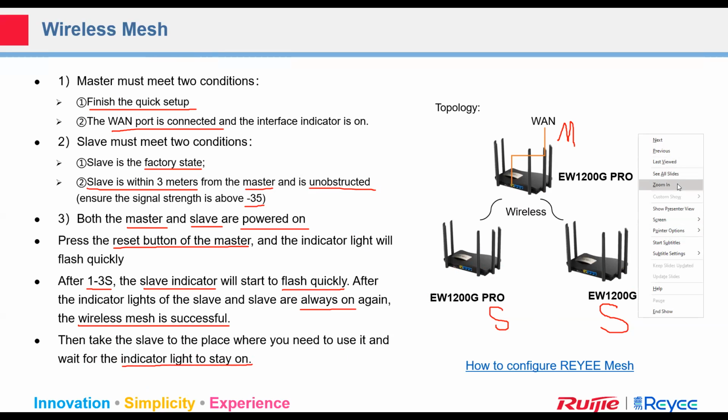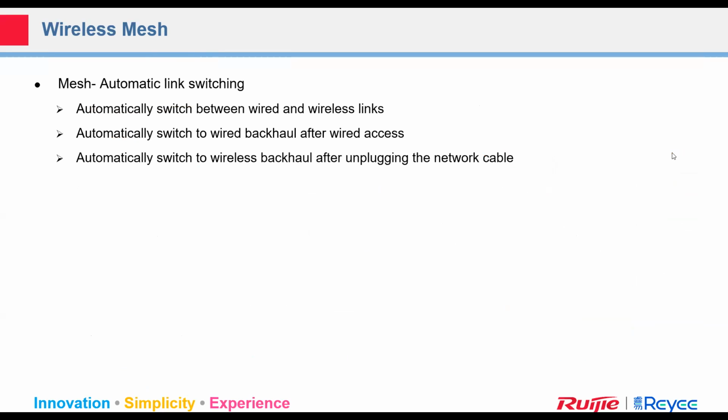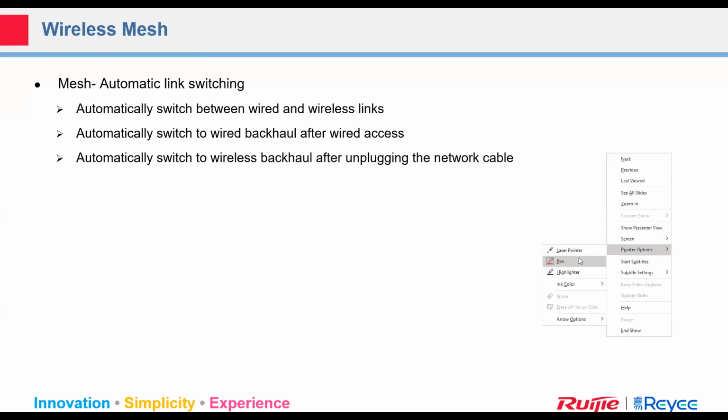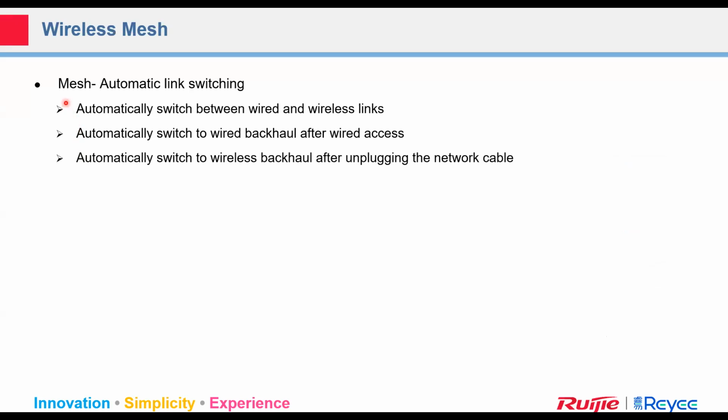Next is the wireless mesh features. As a wireless mesh, it automatically switches between wired and wireless. It automatically switches between wireless backhaul and wired access, and it will also automatically switch to wireless backhaul after unplugging the network cable.